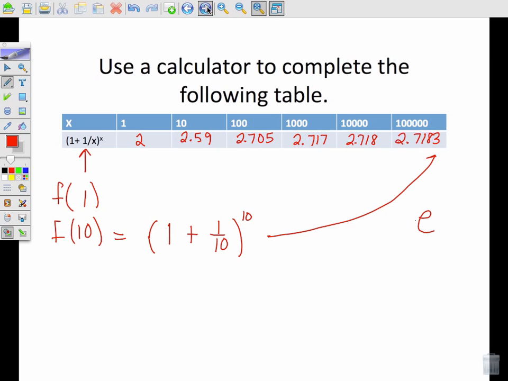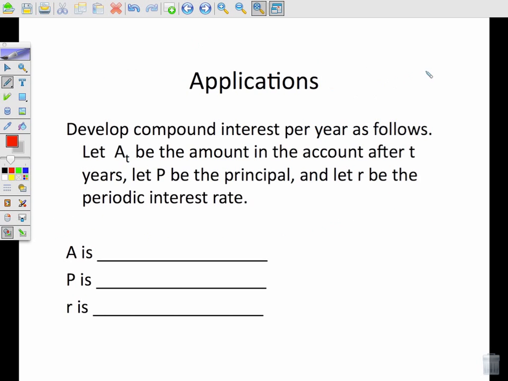All right, here are some applications that will slowly work towards using this e. Develop the compound interest per year as follows. We're going to let A sub t be the amount in the account after t years. So A is the amount. P would be your principal, how much you're putting in.